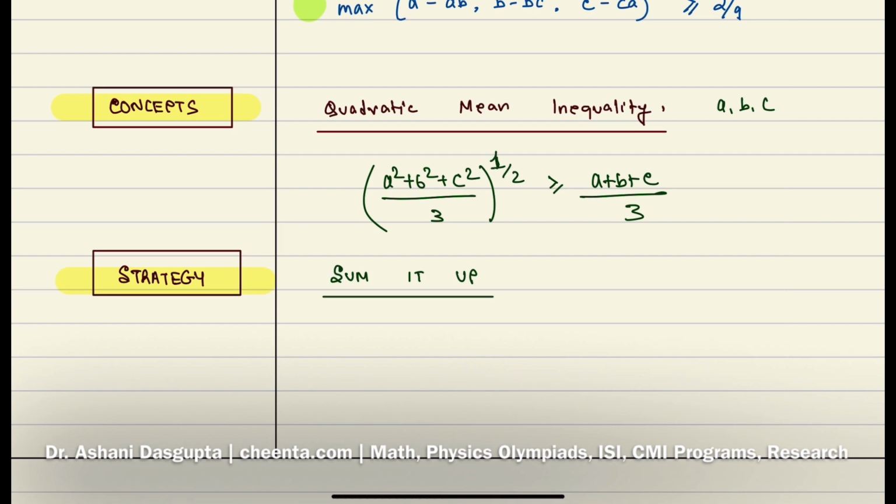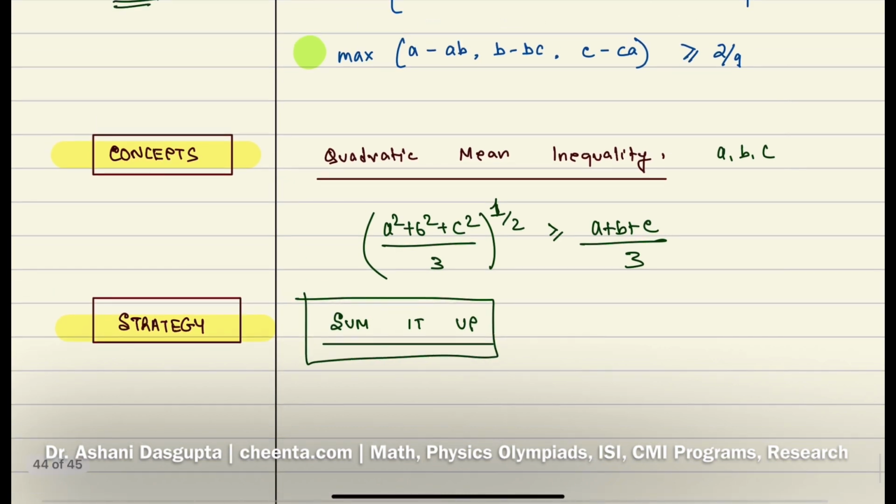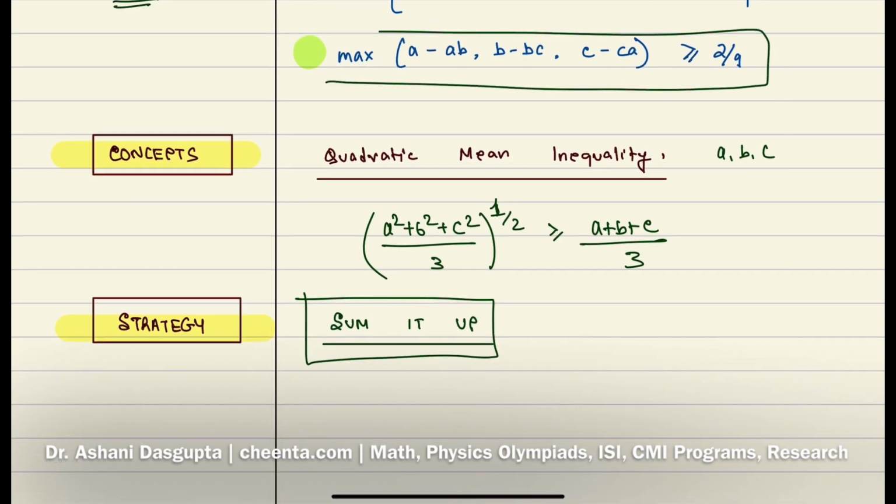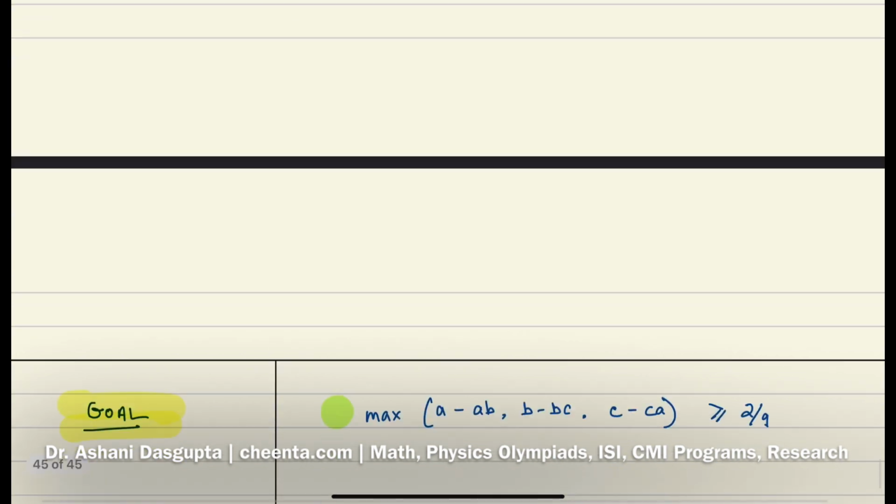So how are we going to use it? Well, we will use the strategy of sum it up, and we will apply it in the second case. Let's try to do that.